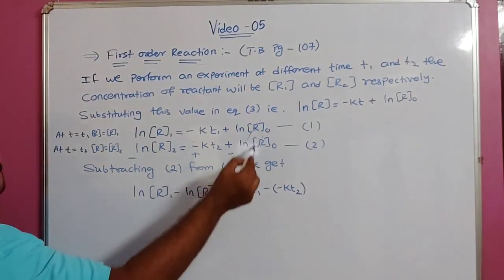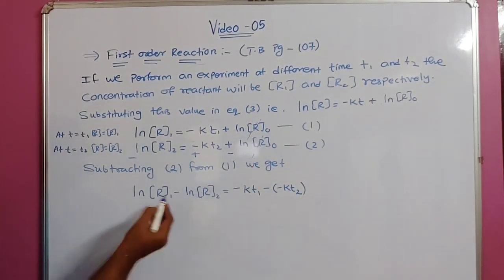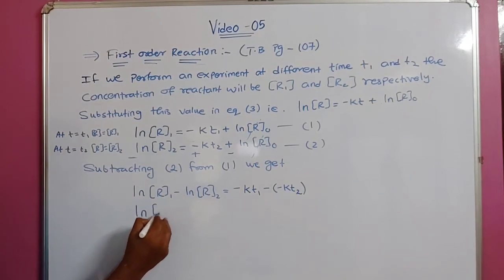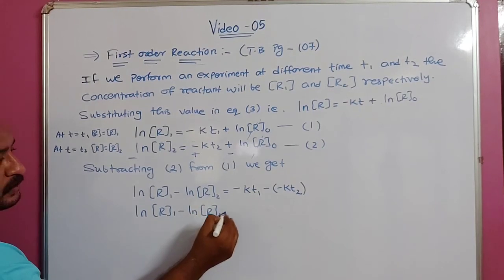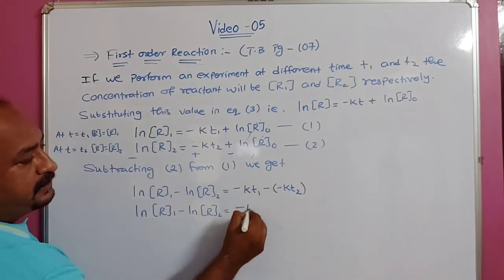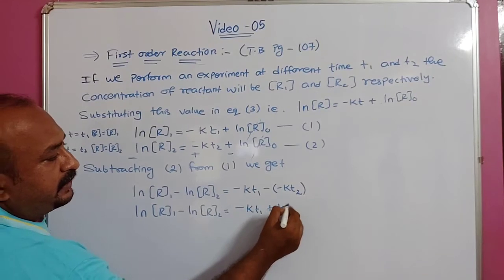And this ln R0 will get cancelled. Therefore ln R1 minus ln R2 is equal to minus KT1 plus KT2.